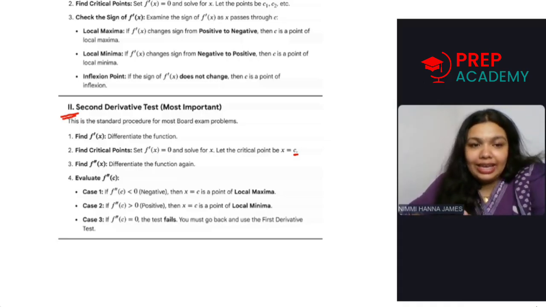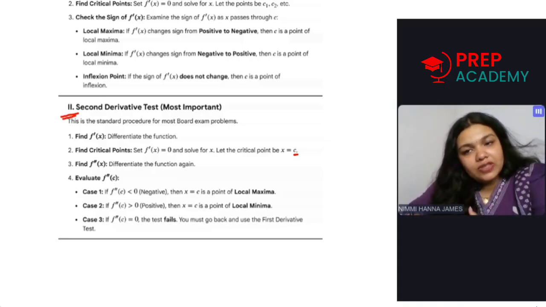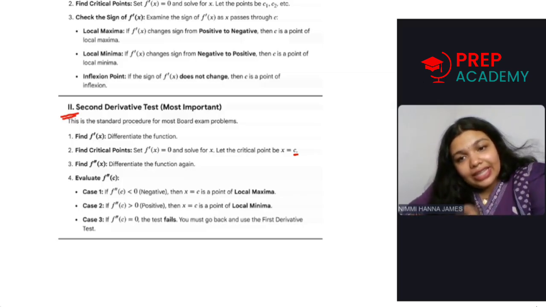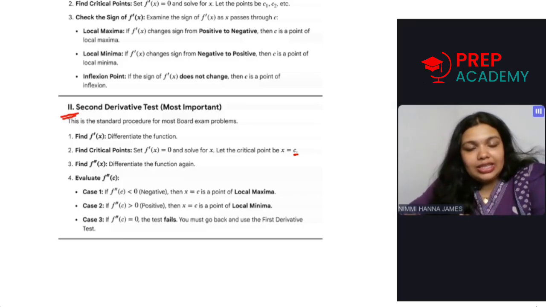So we find f double dash of x, and we substitute the critical point in the second derivative. If the second derivative value is less than 0, it is a point of local maxima. If it is greater than 0, it is a point of local minima. If it comes to 0, the test has failed and you have to go to the first derivative test.